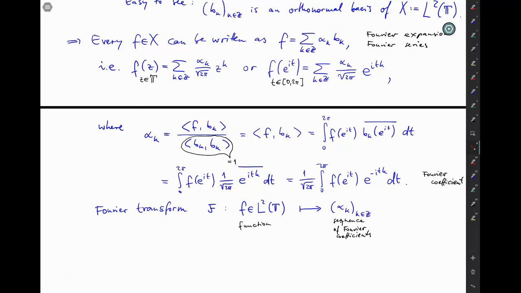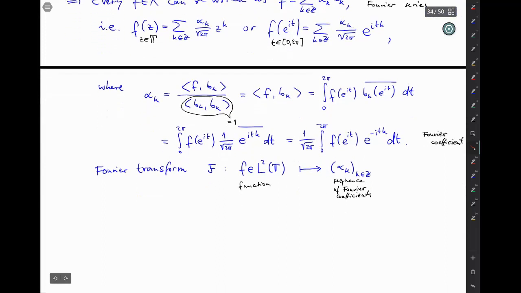And again, because pk is an orthonormal basis, this Fourier transform here turns out to be a unitary map, or in real spaces you would say orthogonal map. So in particular, it's not changing lengths, it's not changing angles. So you can talk about scalar products also on the other side, and they will not change under this map.